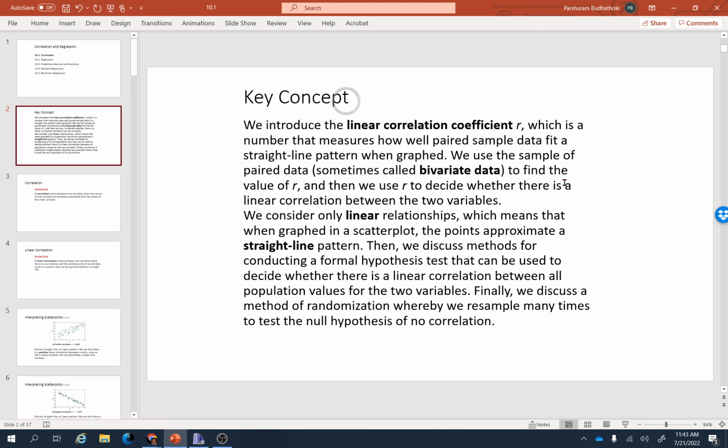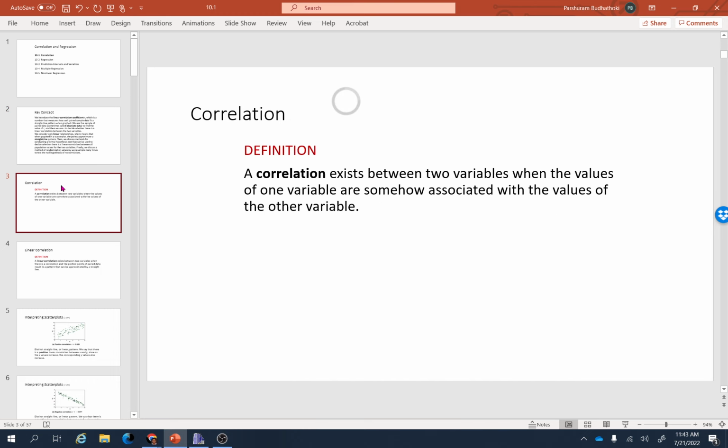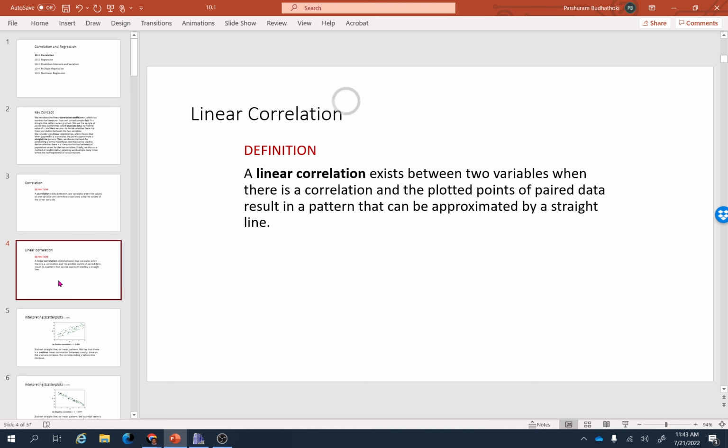We can calculate how much they are correlated in this section by using some formula. So correlation exists between two variables when the values of one variable are somehow associated with the values of another one. Linear correlation means the relation is somehow linear, a straight line.